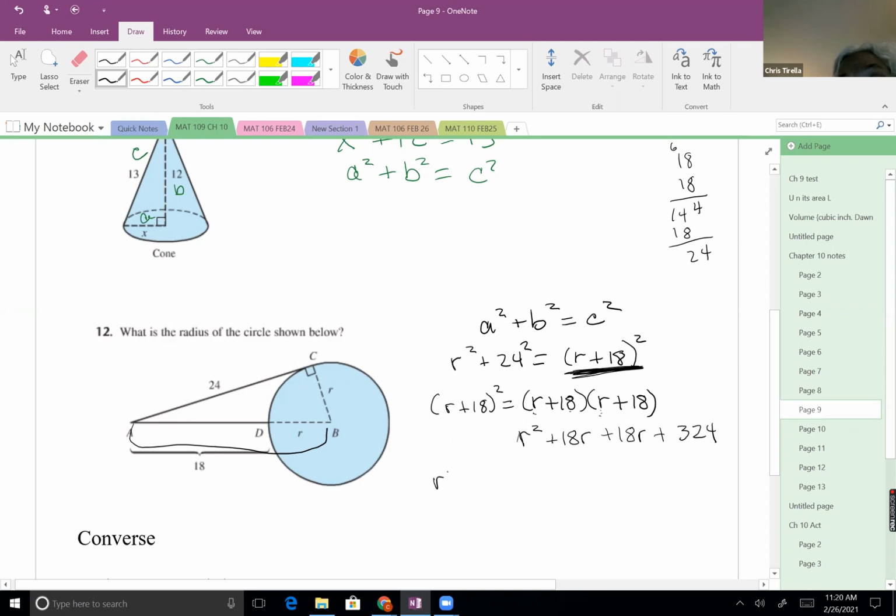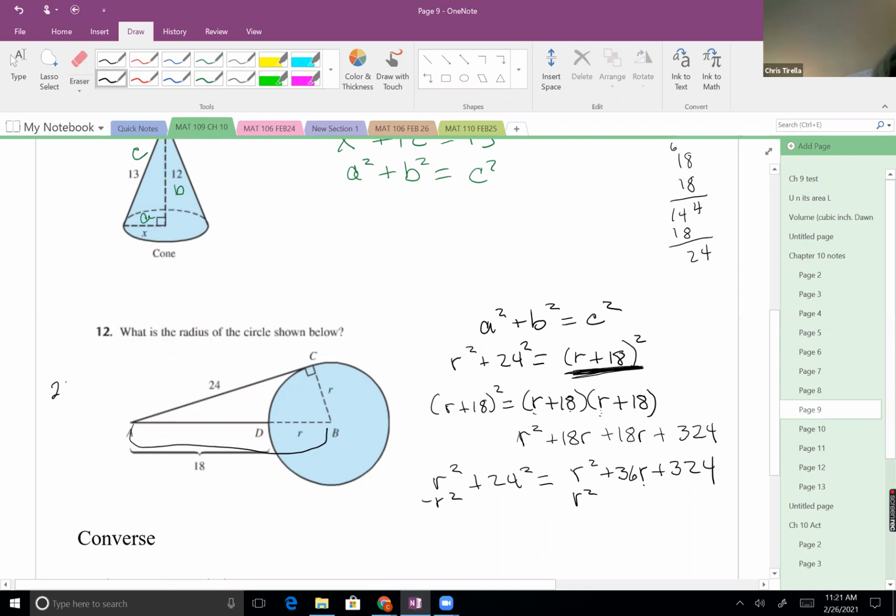So we get r squared plus 24 squared is equal to r squared plus 36r plus 324. I apologize, that should be 36r. But now do you see I can subtract the r squared from both sides?